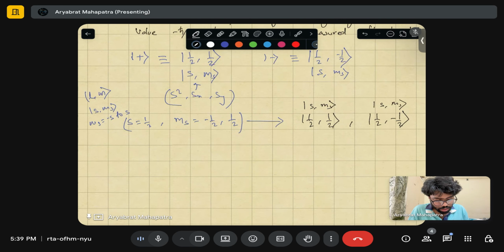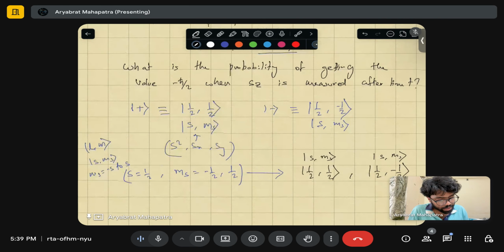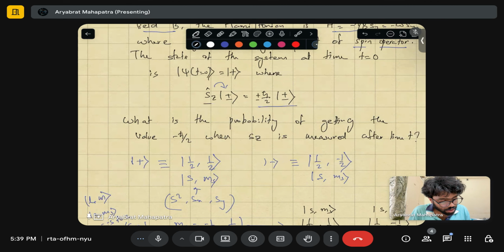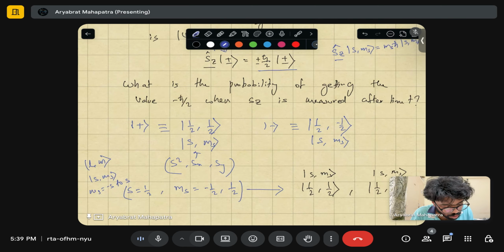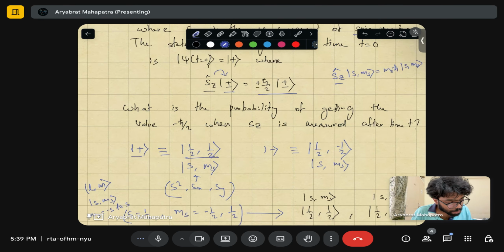Initially, when you measured the Sz operator, recall that at the beginning we saw that when the Sz operator acts on S, m_s, it gives you m_s h bar times S, m_s. So when the Sz operator acts on plus, which as I said means half, half, you will get plus h bar by 2, since m_s is half.